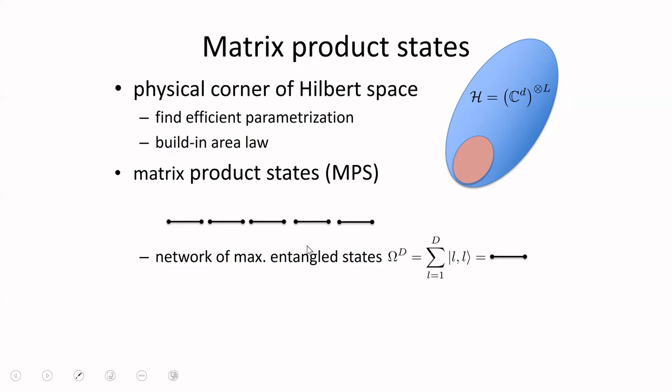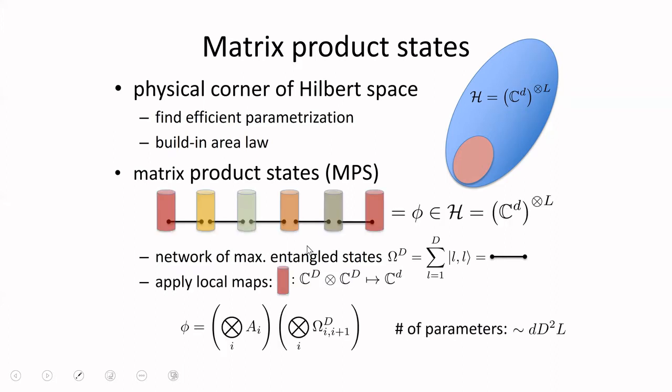And then in order to get the physical state out of the system, we apply local linear maps to the joint space of the two adjacent maximally entangled states shared with the two neighboring sites. This will map our system from this joint space C^D tensor C^D into the physical space C^d. And what we get out then is a state of this form.